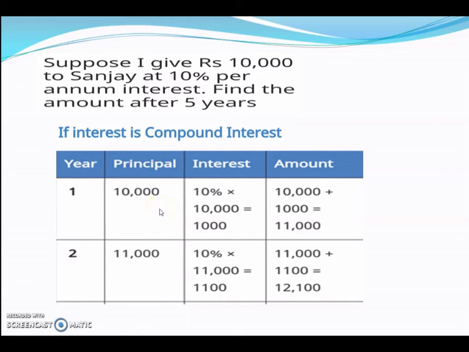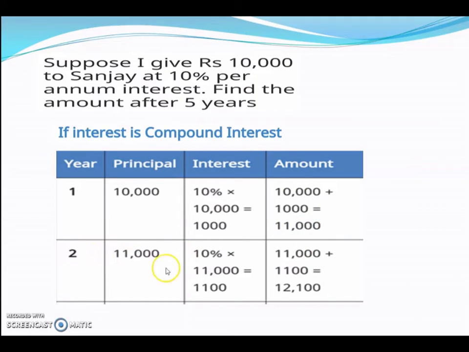So when I'm finding compound interest, in the first year, it is the same steps, 10% of 10,000. So I will get the interest as 1,000. This 1,000 will be added to principal and the amount will become 11,000. Now in the second year, what will happen? This amount which I have got at the end of 1 year will become principal for the second year.